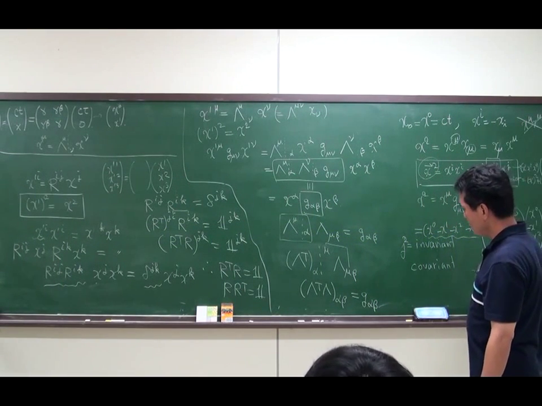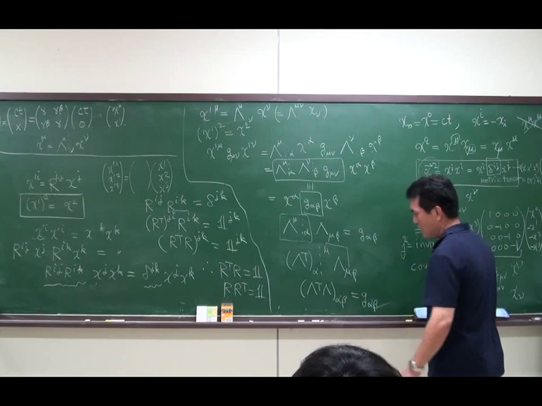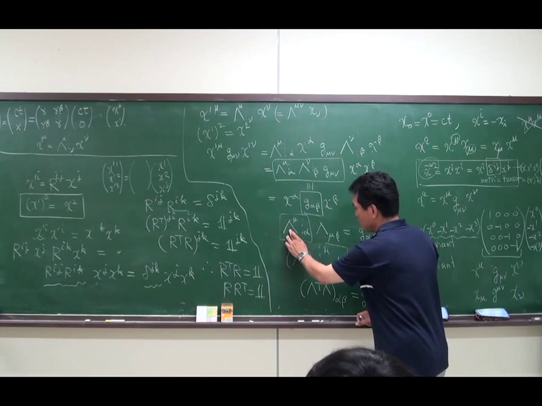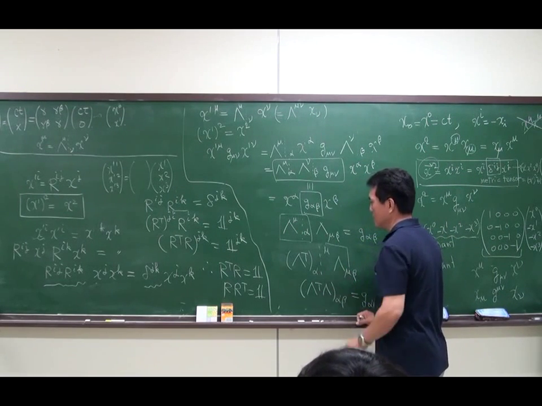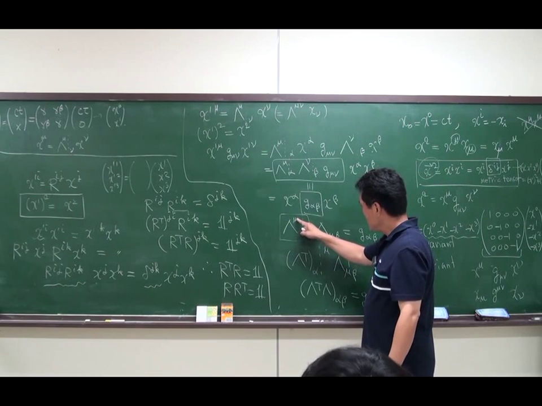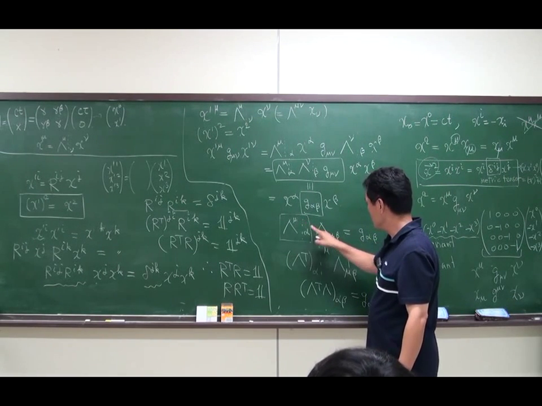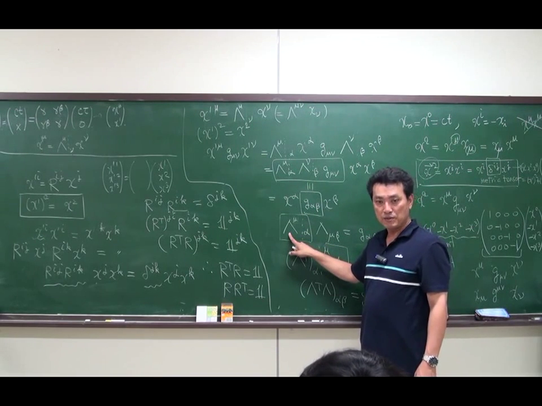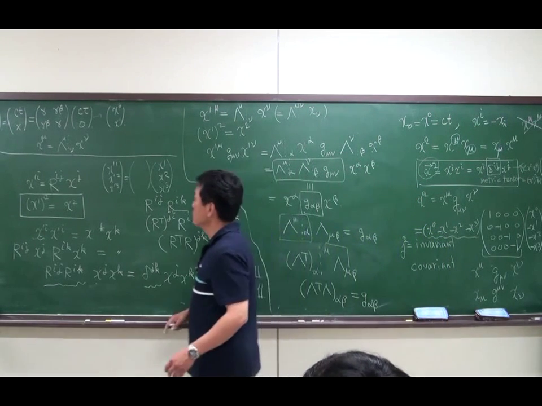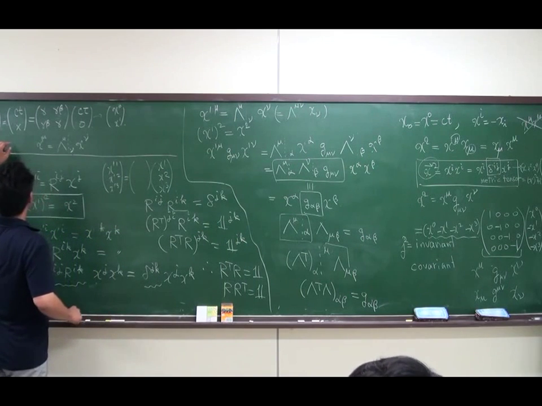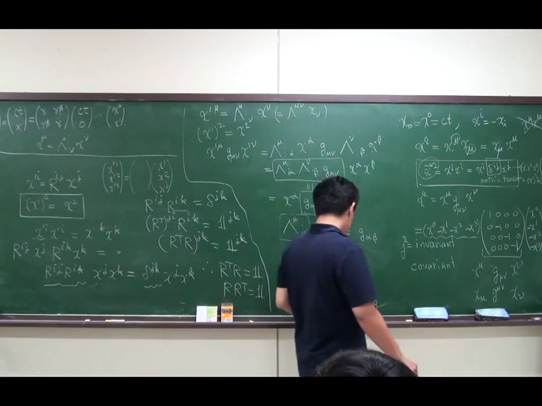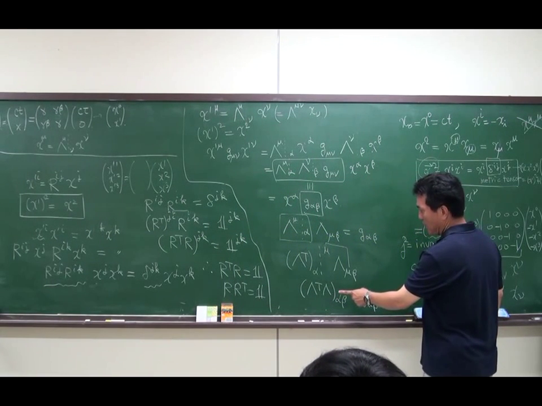But you may be unhappy with the structure of this lambda and this lambda. If I shift this variable down, then the matrix shape becomes different. If I change one up and down, then these guys change their sign. So this is our first trial.